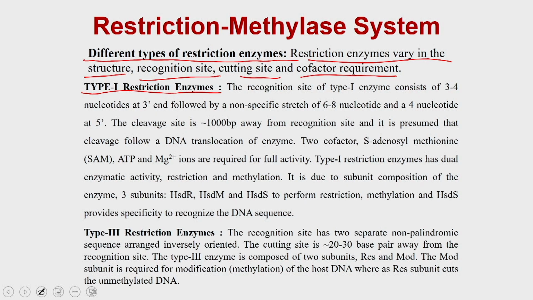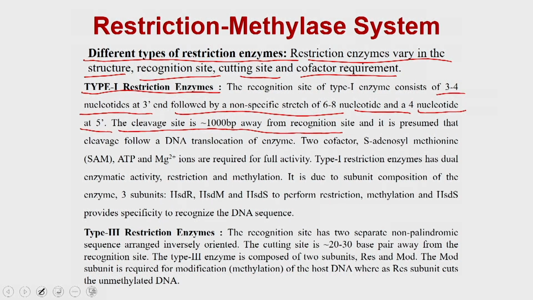For the type 1 restriction enzymes, the recognition site consists of 3 to 4 nucleotides at the 3' end, followed by a non-specific stretch of 6 to 8 nucleotides and 4 nucleotides at the 5' end, which means the type 1 restriction enzyme recognition site is going to be very long and non-specific. Once it recognizes the site, the cleavage site is approximately 100 base pairs away from the recognition site, which means that the enzyme is recognizing and binding here, whereas it is cutting the DNA away from it.